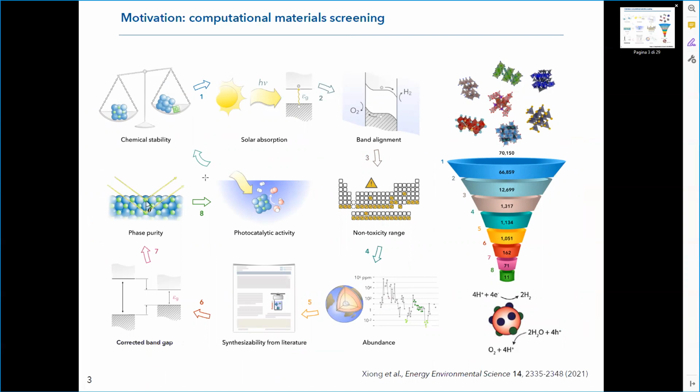So we know that there's a 40–60% underestimation of the band gap, so we take this into account. Then here the band alignment. This is done by estimating the flat band potential, essentially the energy in the middle of that gap, using geometric means of atomic electronegativity.